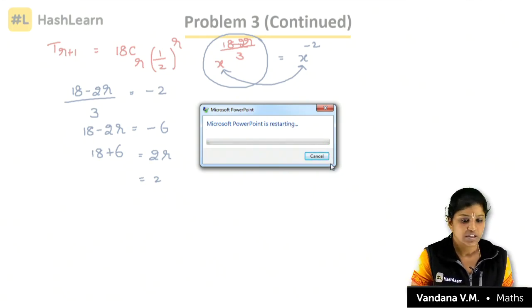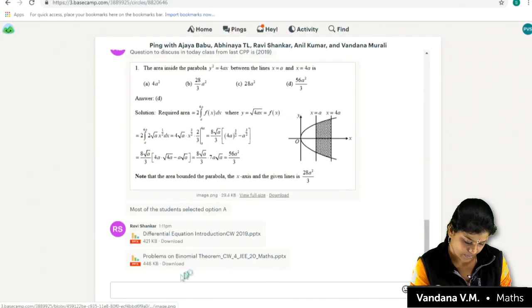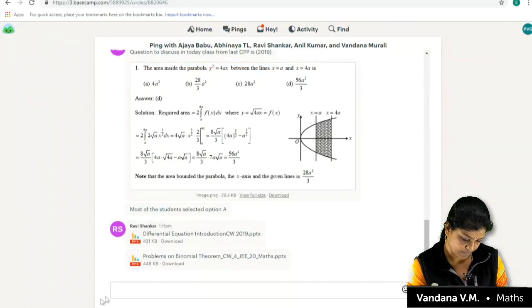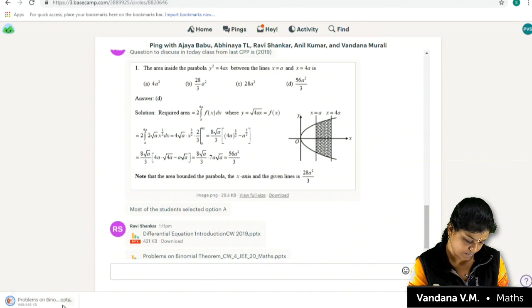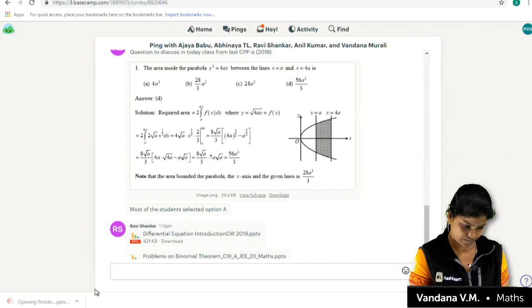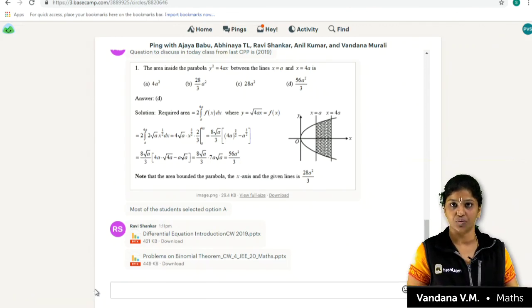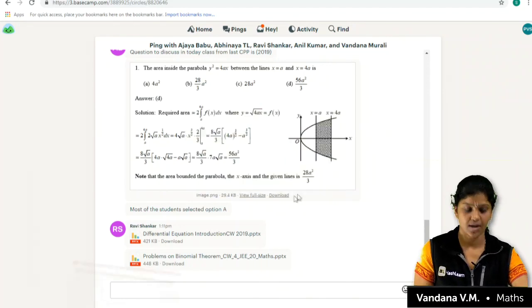Children, see, they are telling that x power minus 2 and x power minus 4 both are equal.